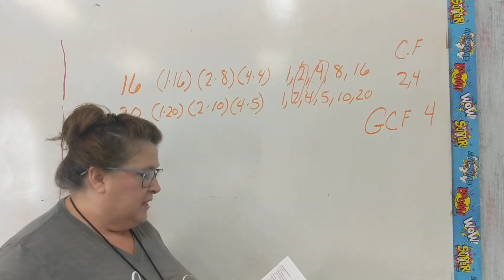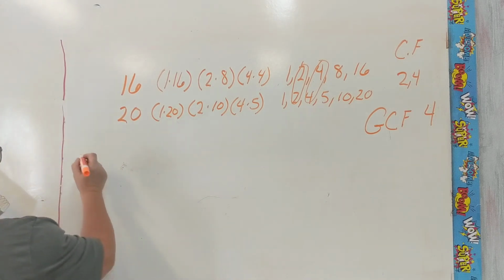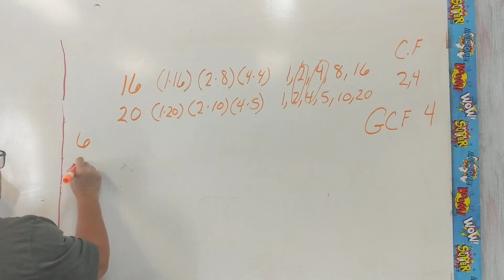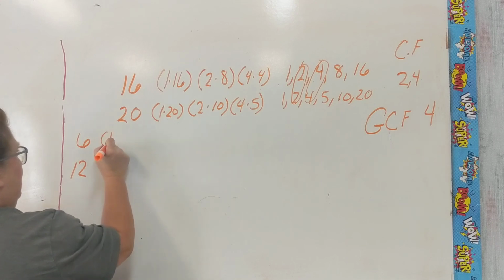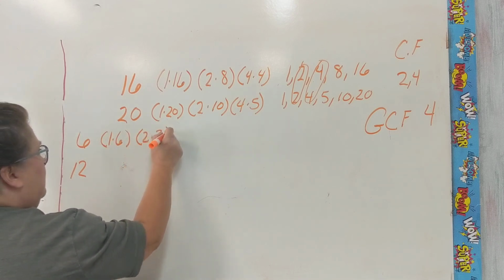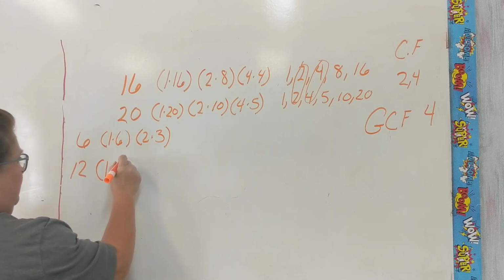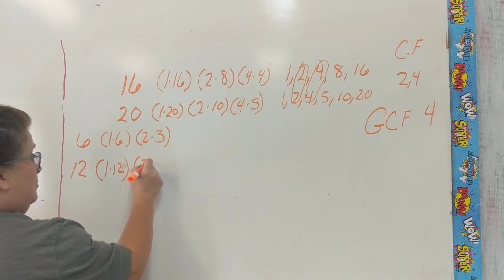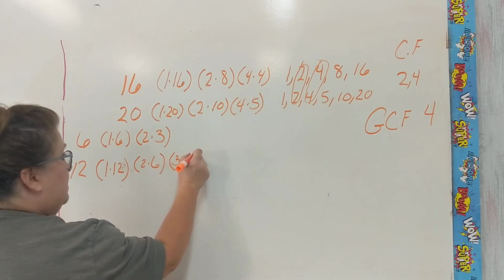Alright, so let's look at section 1. On section 1, they want us to find the factor pairs for 6 and 12. So in our box, our factor pairs for 6, we have 1 times 6 and 2 times 3. Our factor pairs for 12, we have 1 times 12, 2 times 6, and 3 times 4.